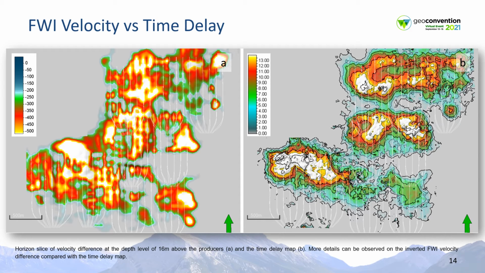And the time delay map is on the right-hand side. Note that steam variations along the horizontal wells can be observed on the inverted FWI velocity difference and not on the time delay map. This illustrates the improvements in resolution.